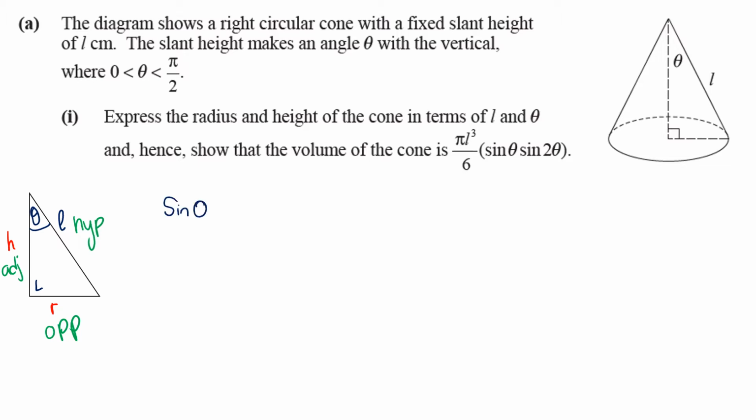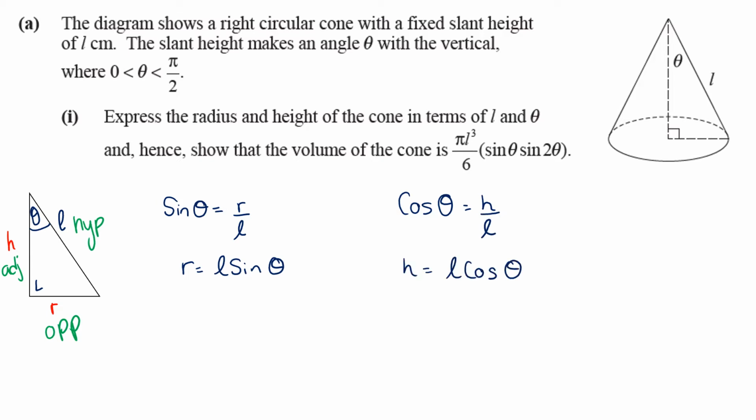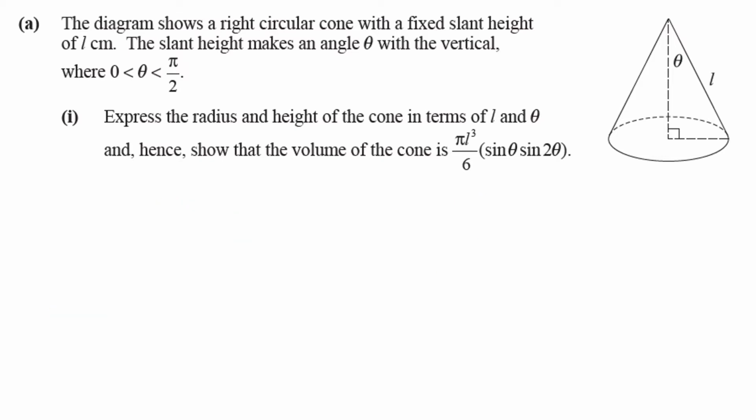Sine of theta is opposite over hypotenuse, so r over L. So r is equal to L sine theta. If we want to work with the h, which is adjacent, we're going to work with cos. So cos theta is adjacent over hypotenuse. So h is equal to L cos theta. So that's our first part done, expressing the radius and height of the cone in terms of L and theta.